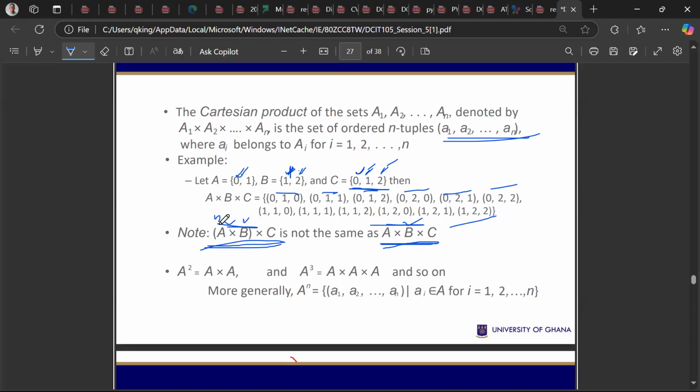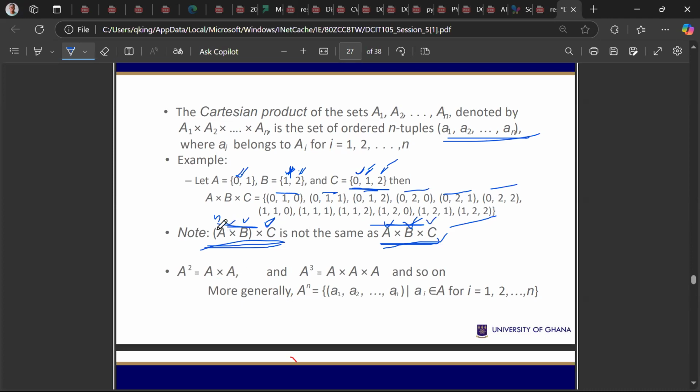And then when you are done, you now have the elements of A and B. Now you come to pair the result of A and B with the elements of C. And in doing so, it causes a difference, because with the unparenthesized version, when you pick the element of A, you pair it with the element of B, and then with the element of C in that order.